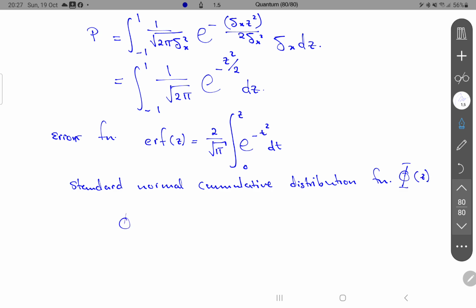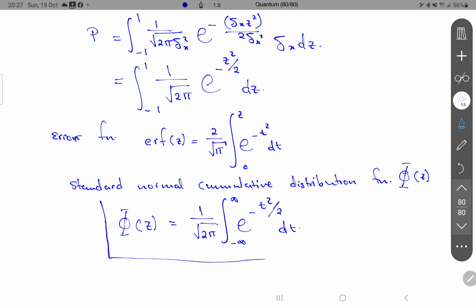So phi of z is actually 1 over the square root of 2 pi, the integral from negative infinity to z of e to the power negative t squared over 2 dt. So this is the normal cumulative distribution function.